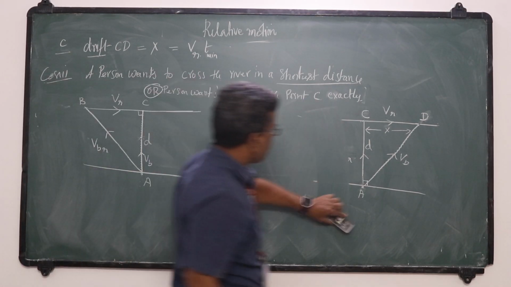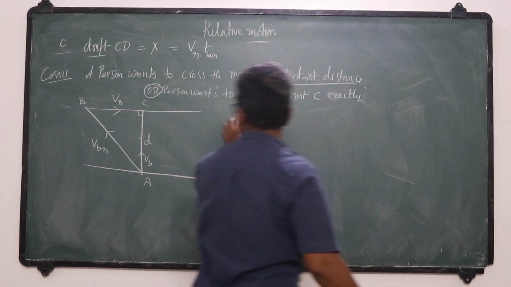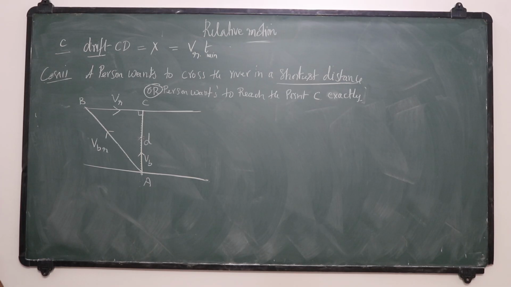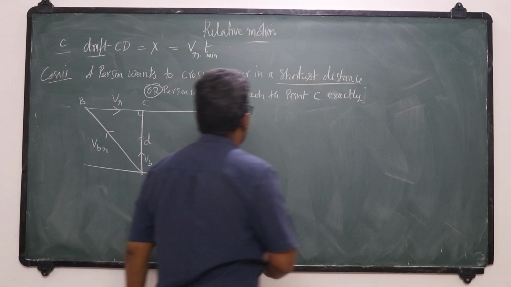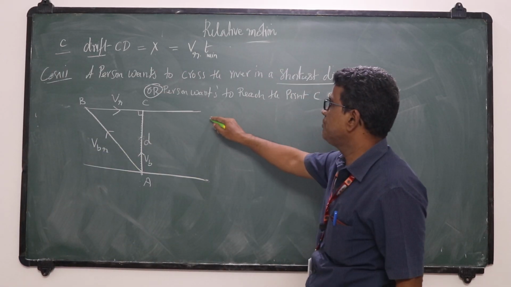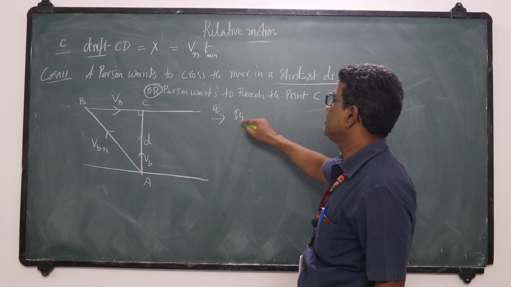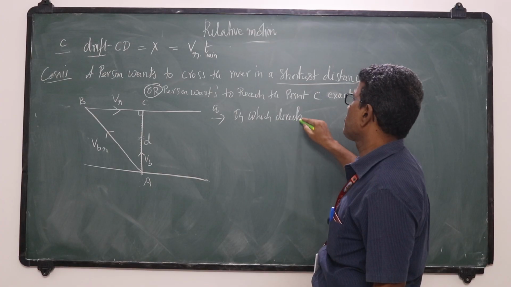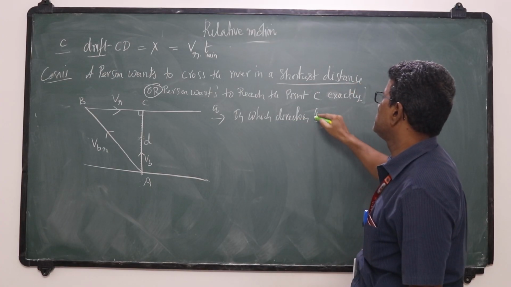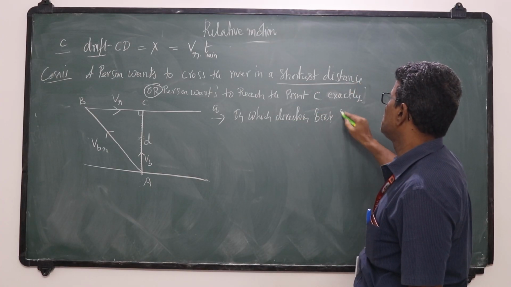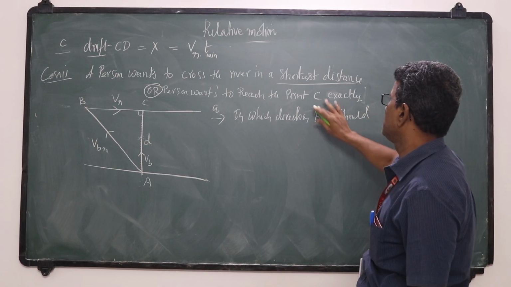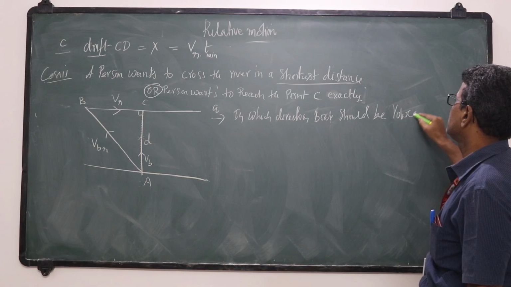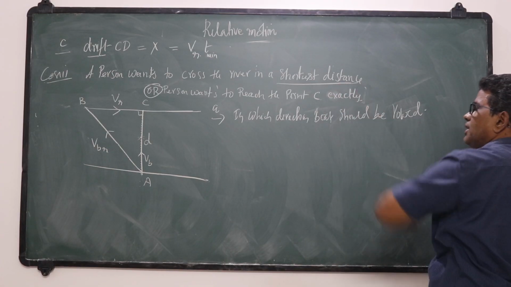So for this, what are the related problems? First, he wants to reach point C. In which direction should the boat be rowed? Case A. That is the question, to reach the shortest distance.